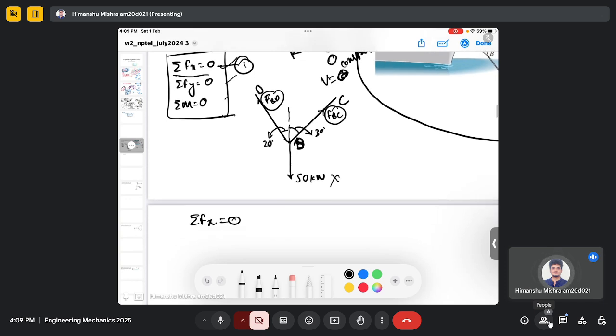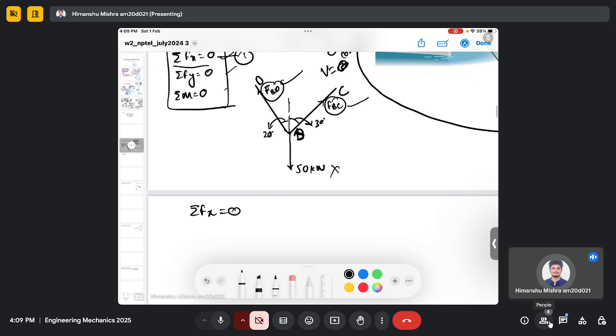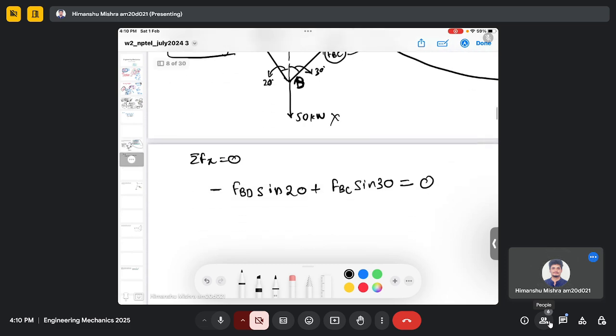I just need to consider the components of FBD and FBC in the horizontal direction, which we can find as minus FBD sine 20 plus FBC sine 30, and this summation should be 0 to follow the equilibrium condition, right?